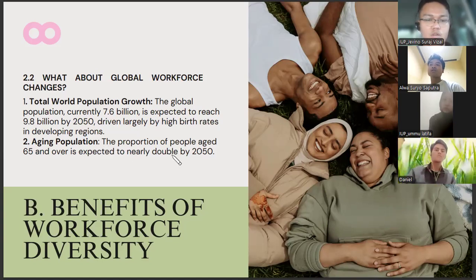The proportion of people aged 65 and over is expected to nearly double by 2050.